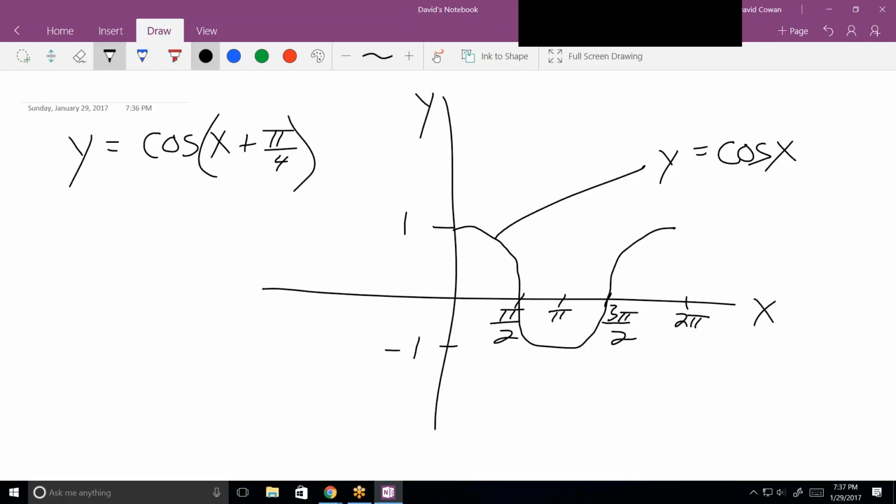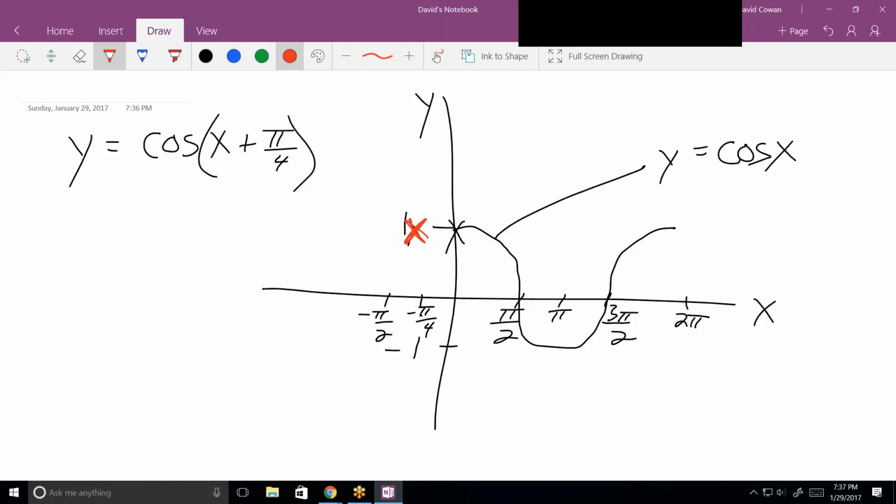So if I want to move pi over 4 to the left, that would be negative pi over 4. So this point right there is going to start right here. Let me mark it in red.